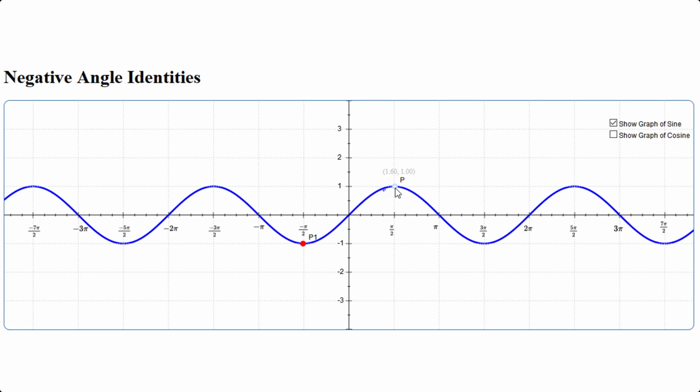The angle measure at pi over 2, when I plug that into the sine function, the result is positive 1. If I put negative pi over 2 in, I get negative 1. So I get the opposite sign.